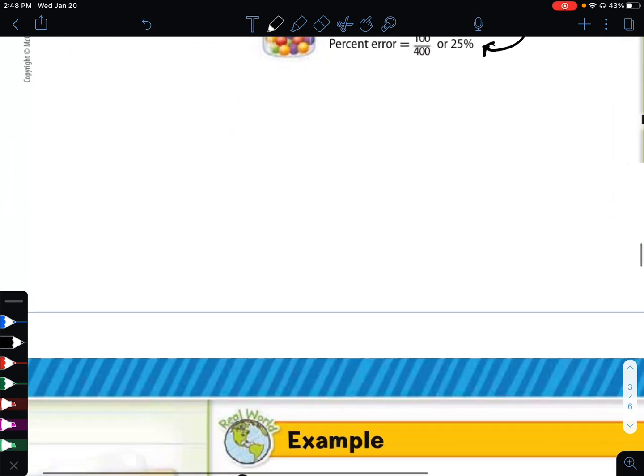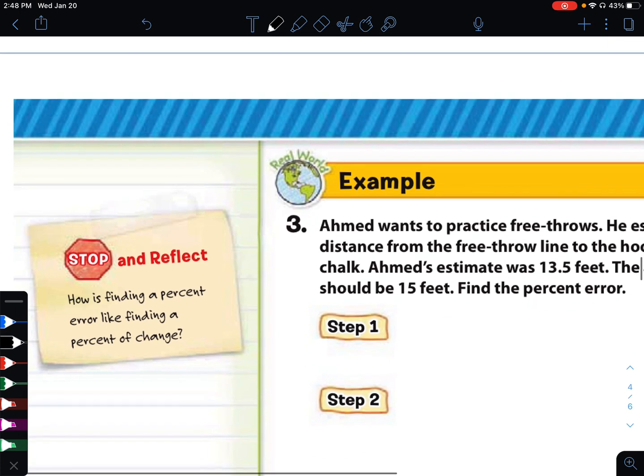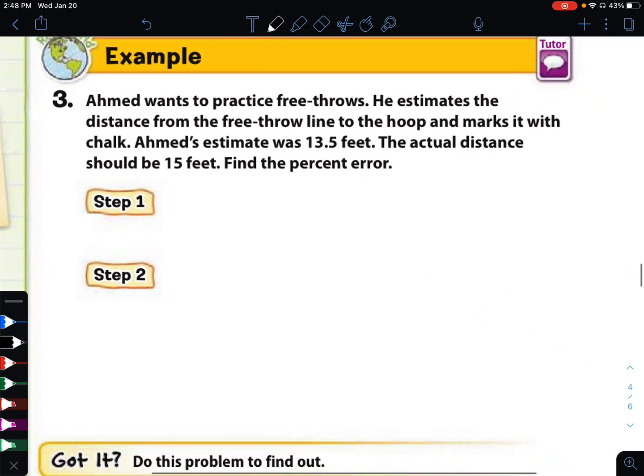Example number 3, our last example, and let's see how this works. Ahmed wants to practice free throws. So he estimates the distance from the free throw line to the hoop and marks it with chalk.